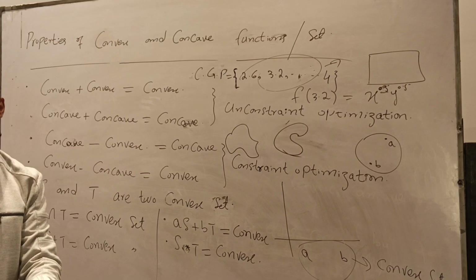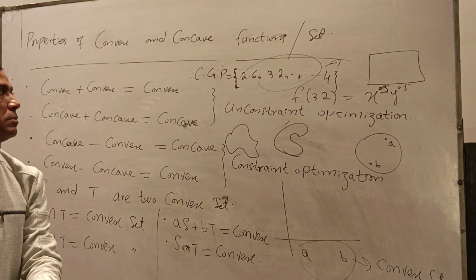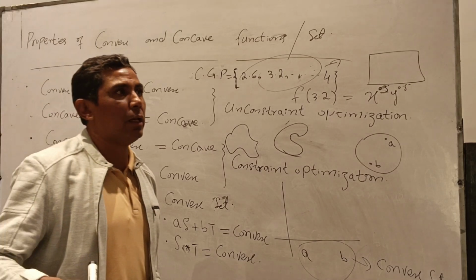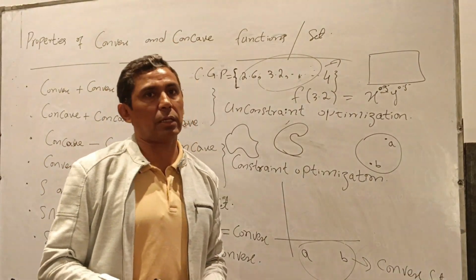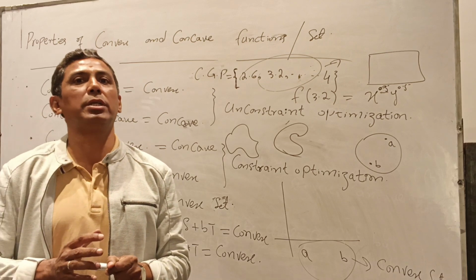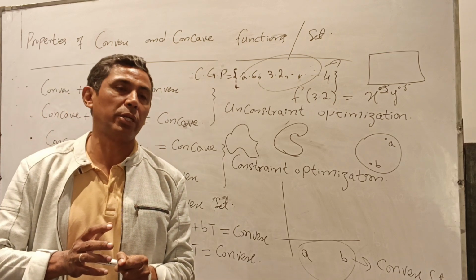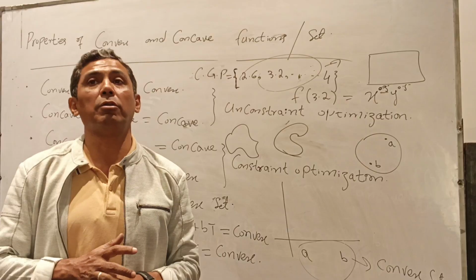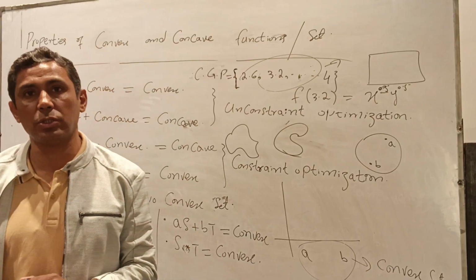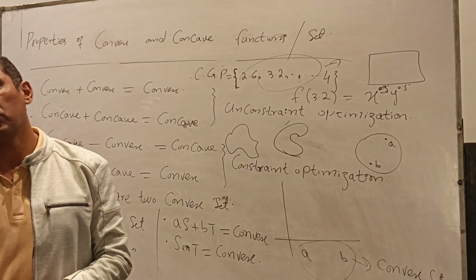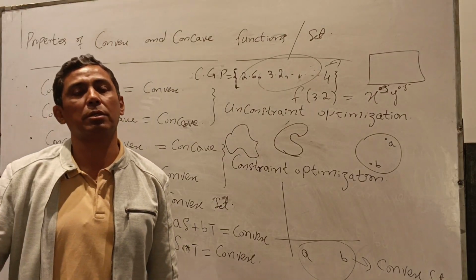Sir, the unconstrained optimization you explained, the Lagrangian functions are not unconstrained, Lagrangian functions are constrained optimization. Exactly, when you have the Lagrange, it is constrained optimization. Unconstrained optimization is when you have maxima and minima through first order and second order conditions, so it is unconstrained optimization.